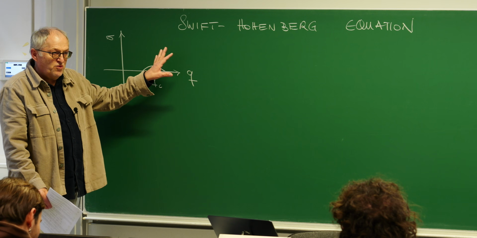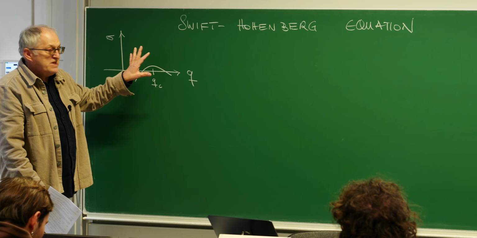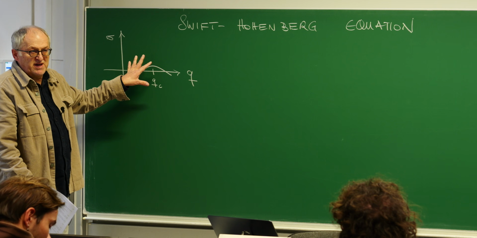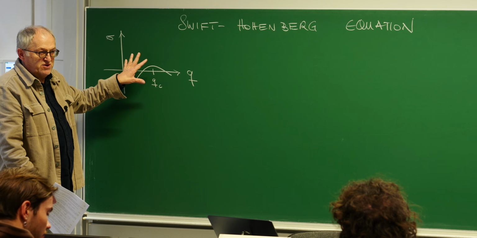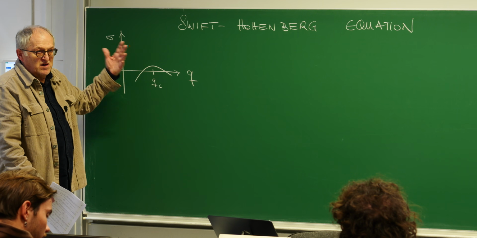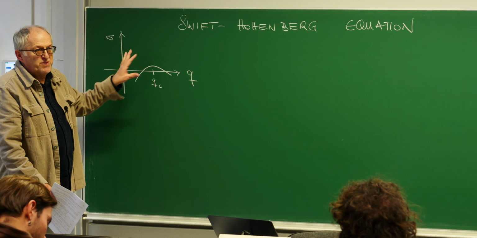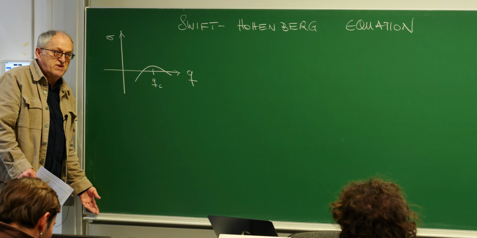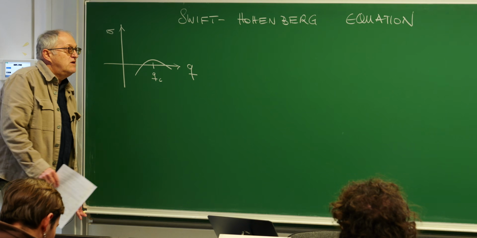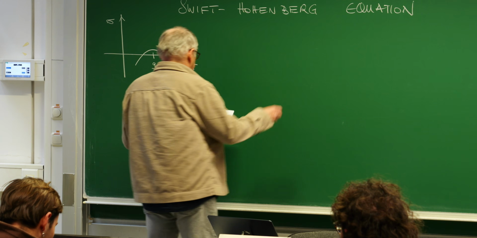So with the Swift-Hohenberg equation, we take this kind of dispersion relation, build it into the equation, and then study what kind of properties a simple form of an equation that encodes such a dispersion relation can have. So let's try and write this down.